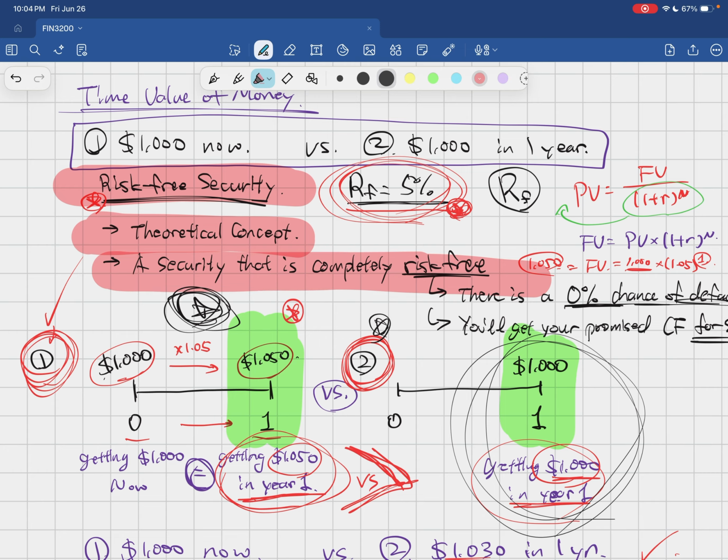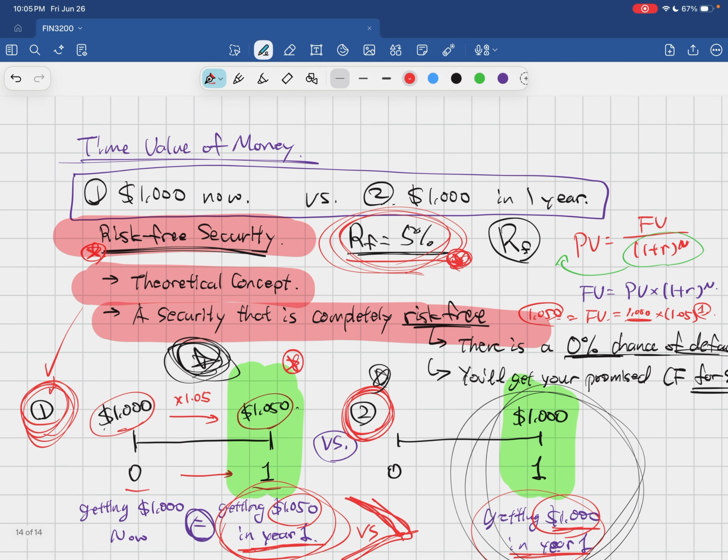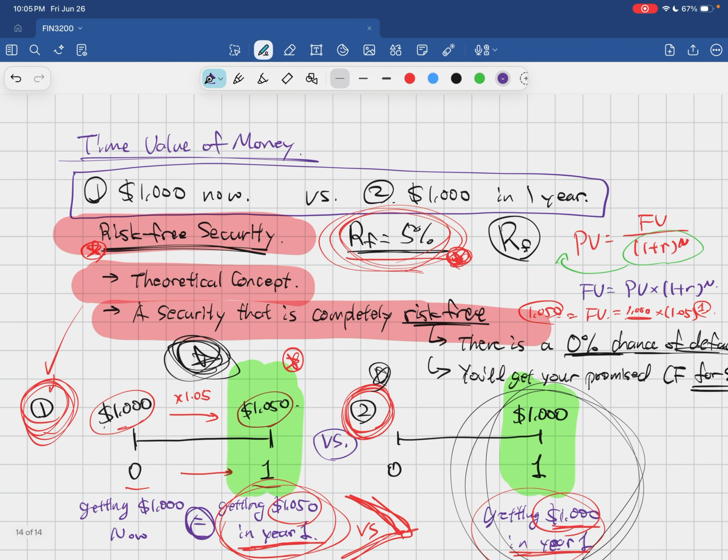In the real world, nothing is really risk-free. No one can promise you something and guarantee that promise. But the closest thing to a risk-free security in the real world is, this might be on the exam, it's usually on the exam, the U.S. government bond.